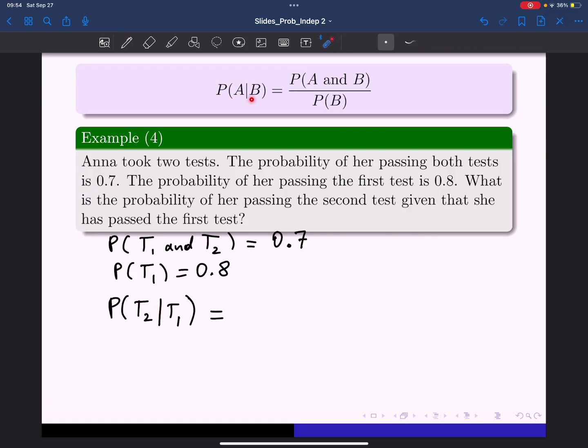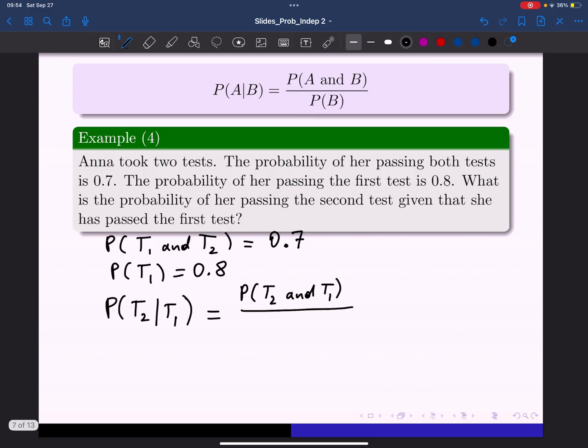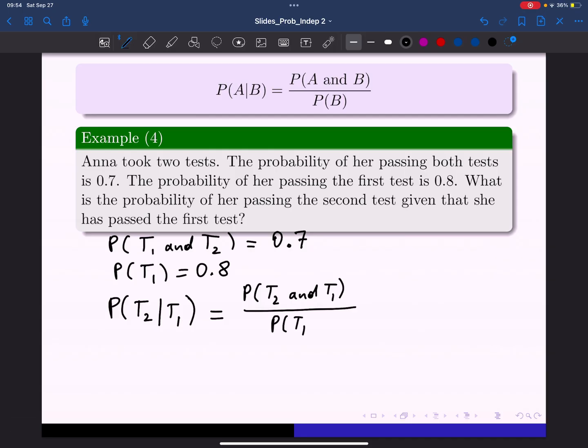According to this formula, A given B would be P of A and B. So we have the probability of T2 and T1 divided by the probability of what is on the bottom, the probability of T1. I hope we see that the probability of T2 and T1 is the same as the probability of T1 and T2, because that's exactly the same.